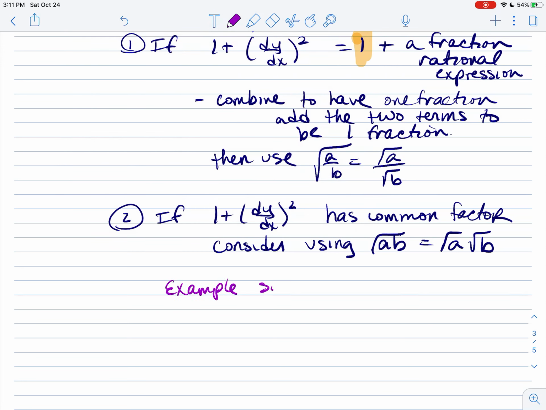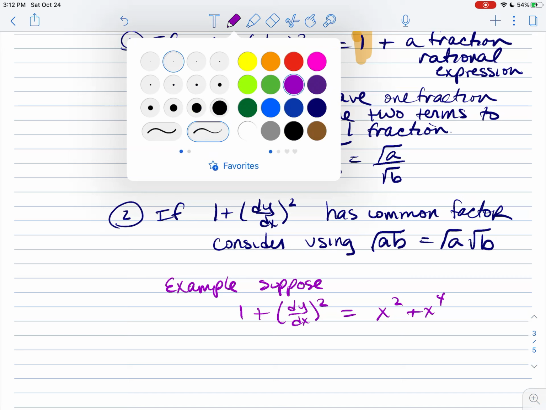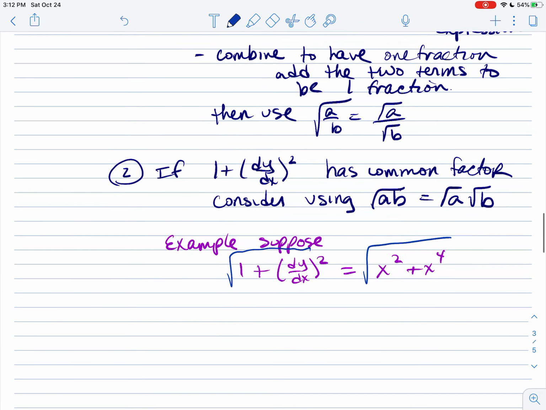So I would say, as an example, suppose the 1 plus dy dx squared is equal to x squared plus x to the 4th. You know that the next step is going to be, let's take the square root. But I see in those two terms that I've got a common factor of x squared, because what's going to be my next step?